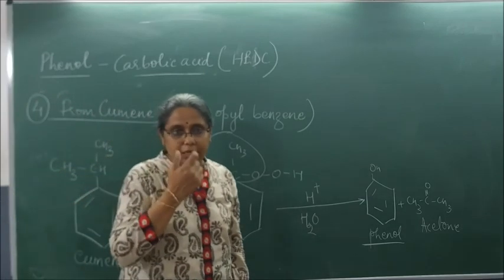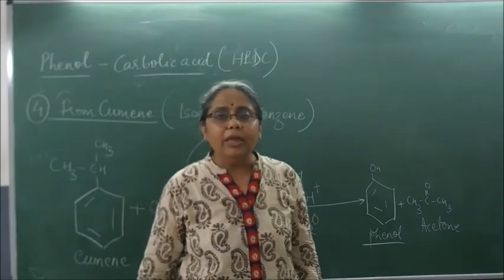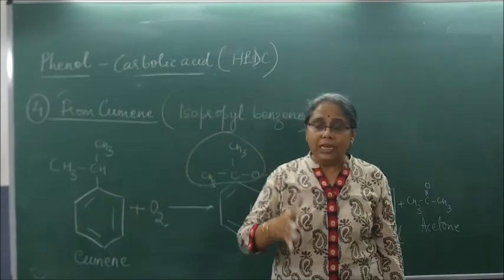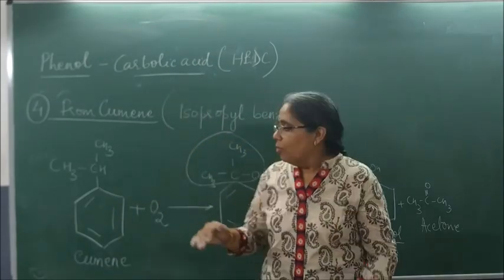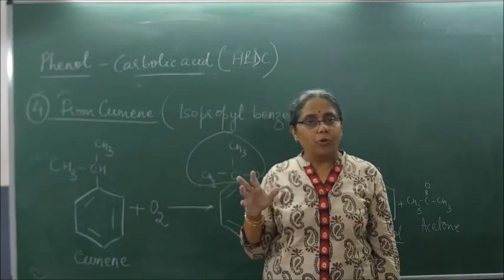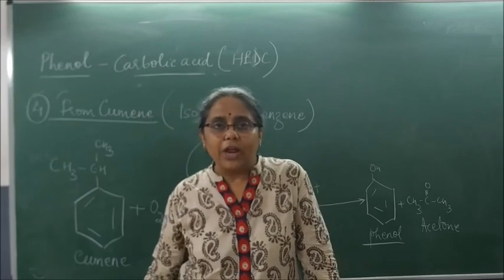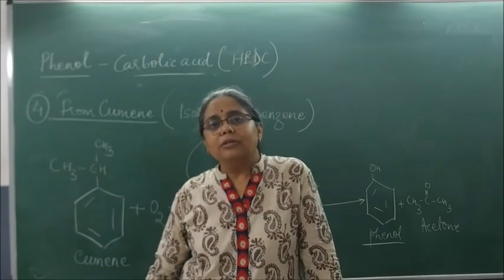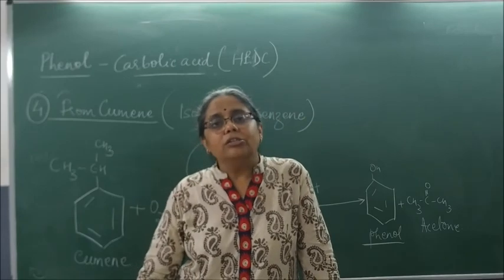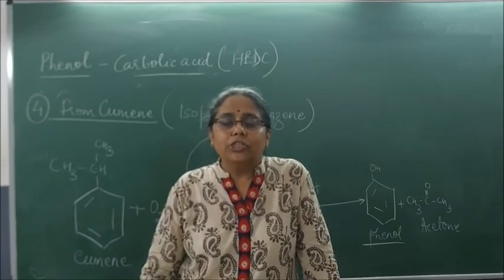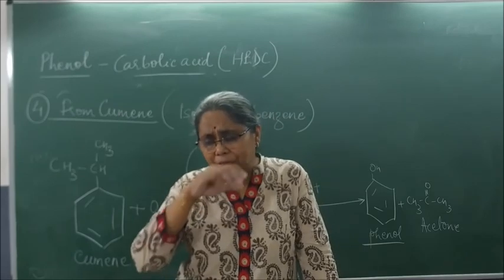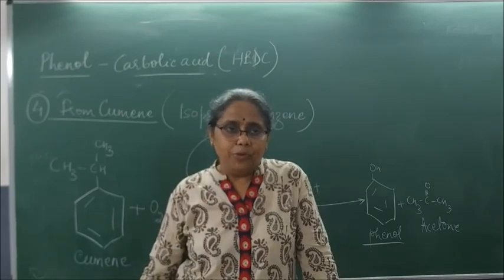Okay, so basically remember, there are two methods of obtaining phenol on a large scale. One, by the cumene process, and second, it is obtained from coal tar. Coal tar, when it is fractionally distilled, you get a fraction between 170 to 230 degrees centigrade. That is called the middle oil fraction, which contains phenol, naphthalene, pyridine, cresol and some impurities.